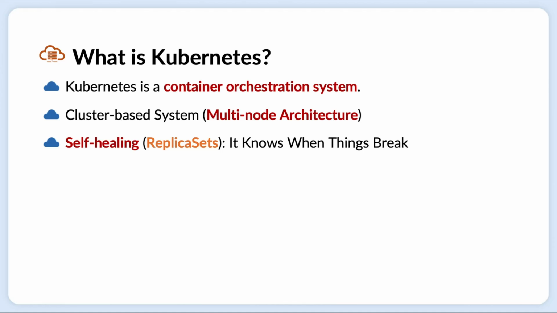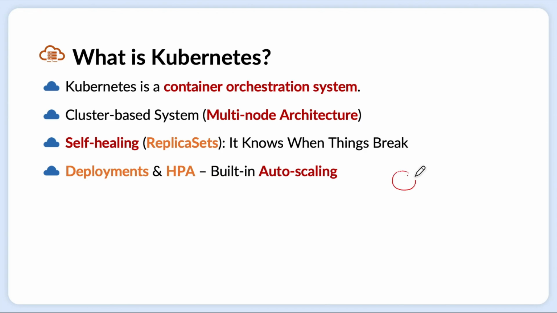Now the next and most important problem with Docker was auto scaling, right? We understood that today we are running one container, and when the traffic increases, we need to create 2 more containers. There was no automated way of doing that, and that is called auto scaling.